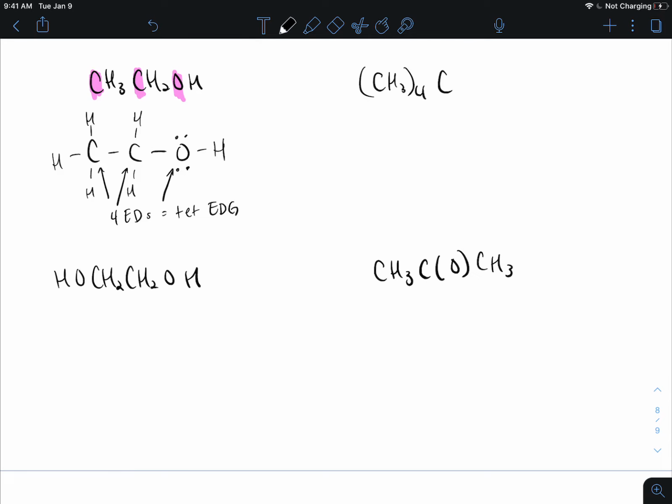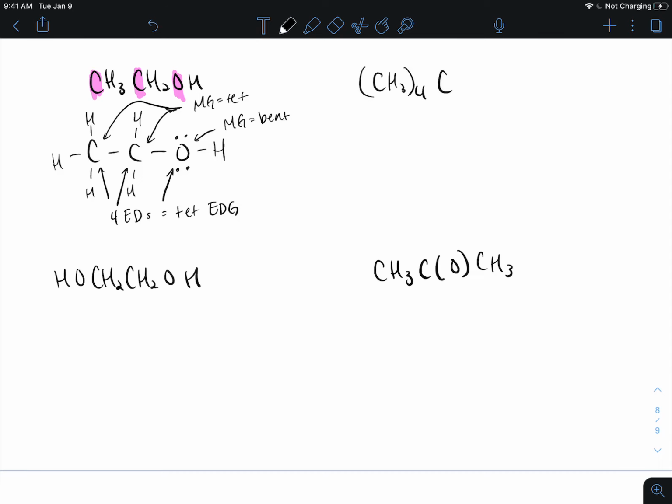The 2 carbons, all the electron domains are bonds, so they have a molecular geometry that is also tetrahedral. And then this oxygen has 2 lone pairs, so it has a molecular geometry that is bent. From this information, we know that our 2 carbons have bond angles of 109.5, and our oxygen has a bond angle of 104.5.